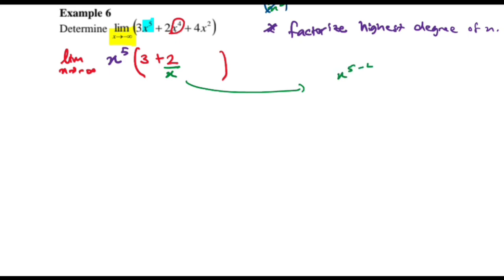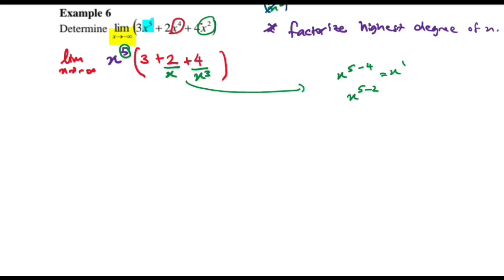That's why you get x power 1. The same for the next term. What's left is 4. And then what about your x power 2? Still the same, it's x power 5 that we want to take out minus 2. So what's left is over x power 3.